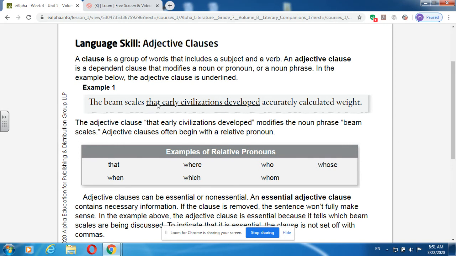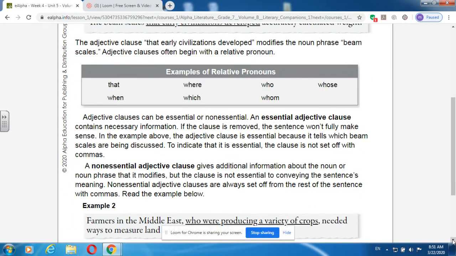The beam scales accurately calculated weight. It doesn't make sense because it's not telling us about what beam scales. This is telling us it's from the Middle East.